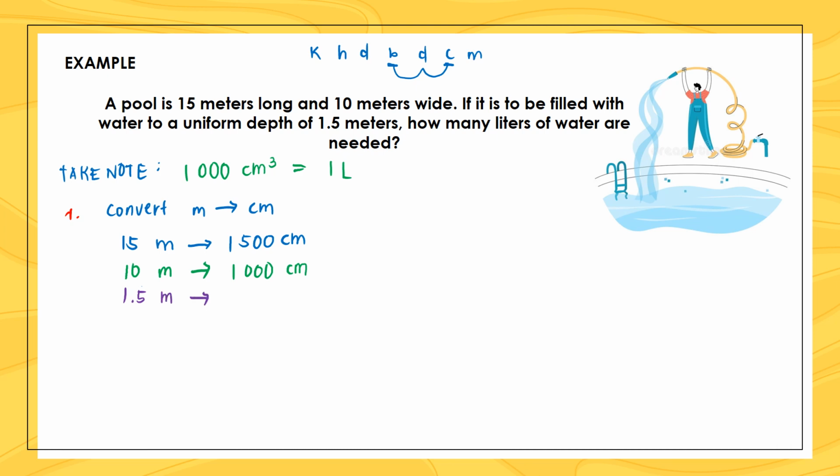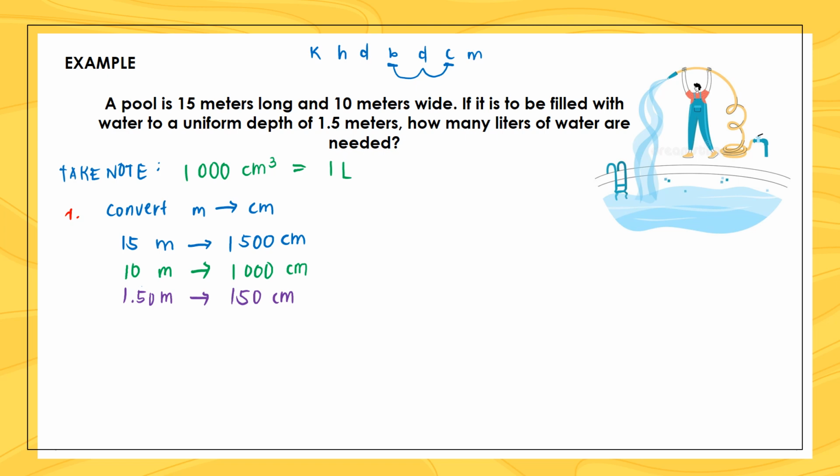Again, you just move your decimal point 2 places to the right. So 1, 2, then add zeros in here. Therefore, 1.5 meters is equal to 150 centimeters. Okay, there you have it. We have converted every meter into centimeter.